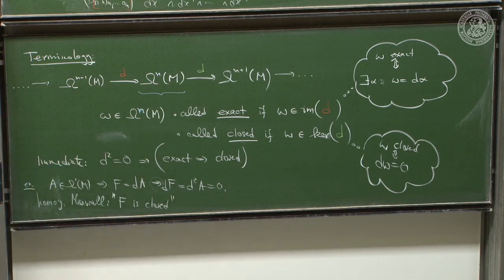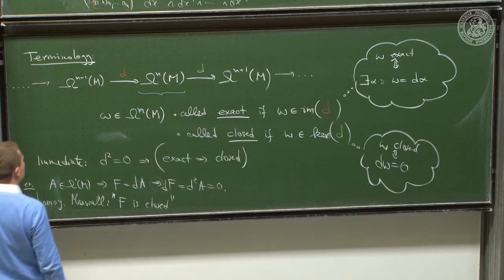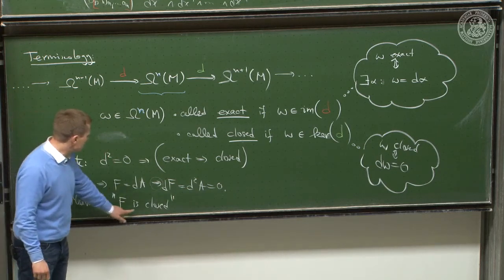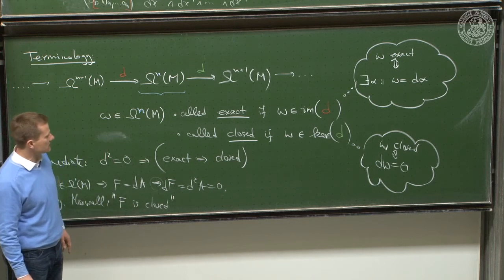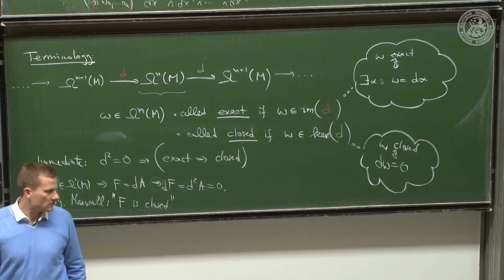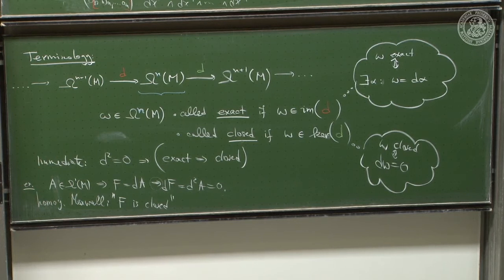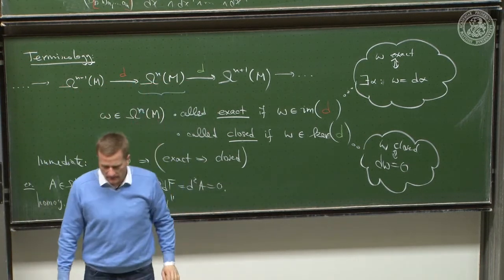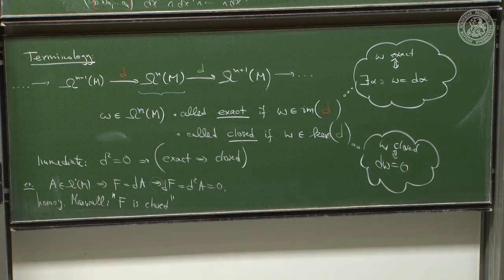In this language, that's what the Maxwell equations say. Now, you may ask, if that is so, is this closed one also exact? Because the image is just a subset of the kernel, but is it equal to the kernel? That's the question. Under what circumstances are these inclusions at every point of the sequence actually not inclusions but equalities?